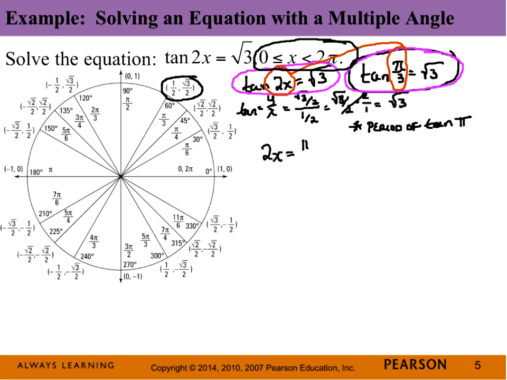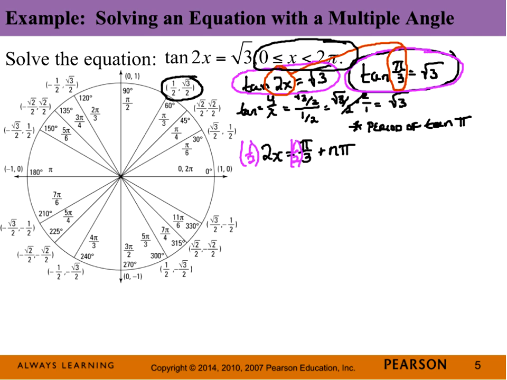So we have 2x equals pi over 3, and then because the period of tangent is pi, I can say, well, that's going to be the same thing for any integer multiplied by pi. So any period of pi there. So now let's multiply both sides by 1/2.